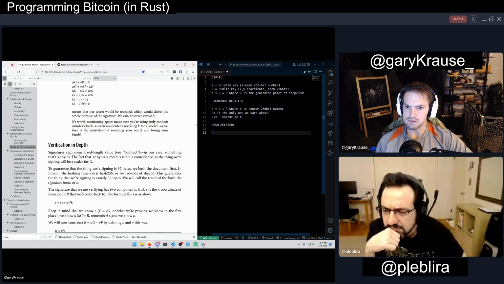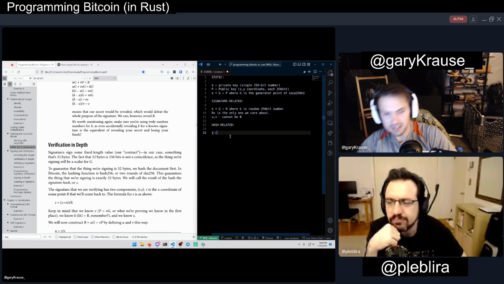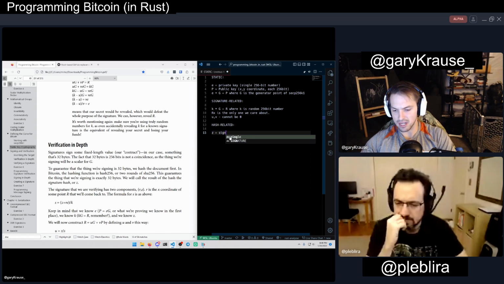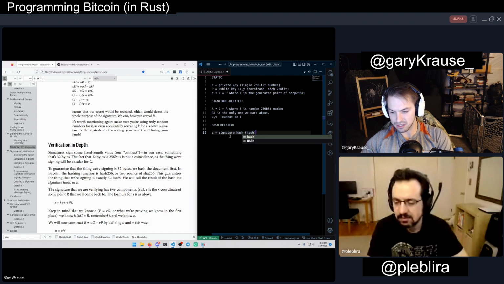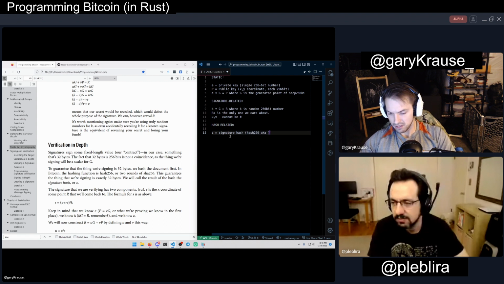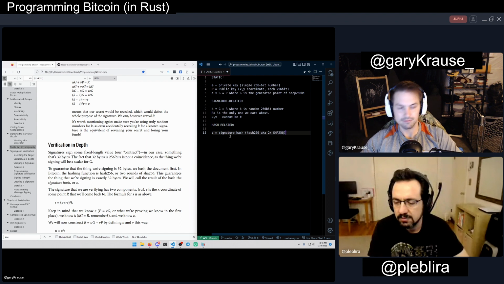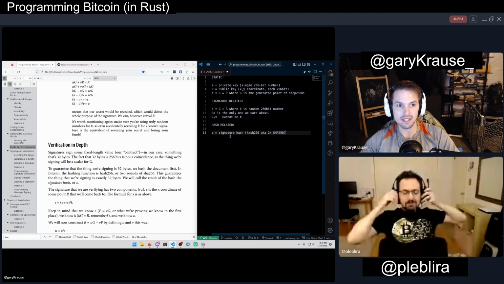We're hashing the document with 2 rounds of SHA-256, and that gives us exactly 32 bytes, and that becomes our Z. So Z is the signature hash, hash256 on the document.